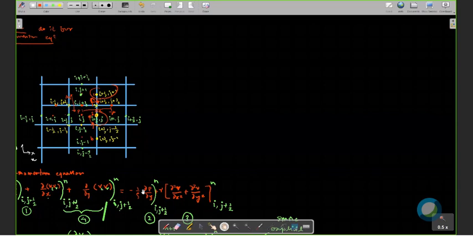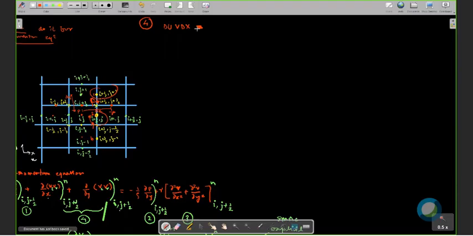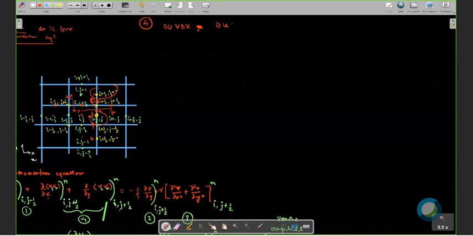So the fourth term, we have two terms here. d(uv)/dx. So this was u v at nth level, i, j plus half.